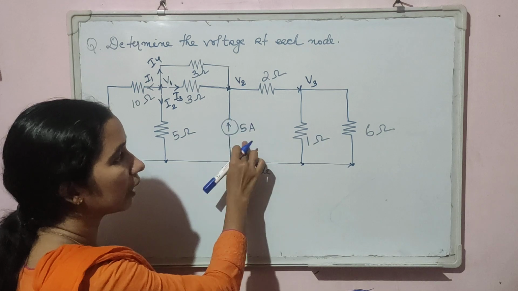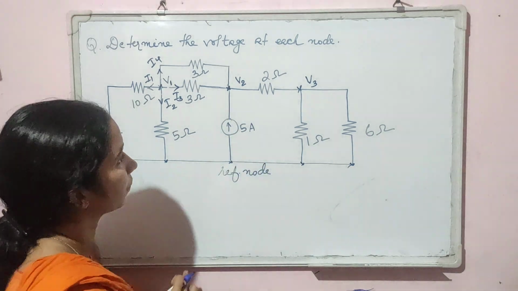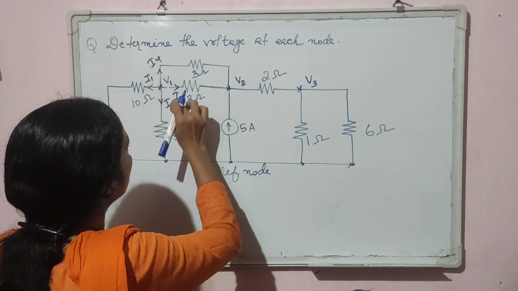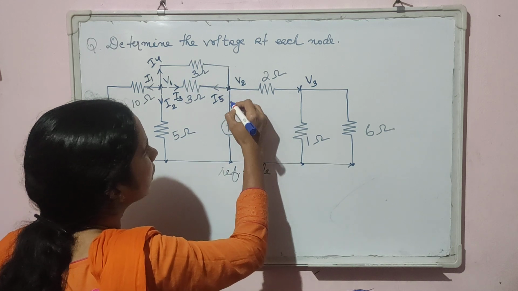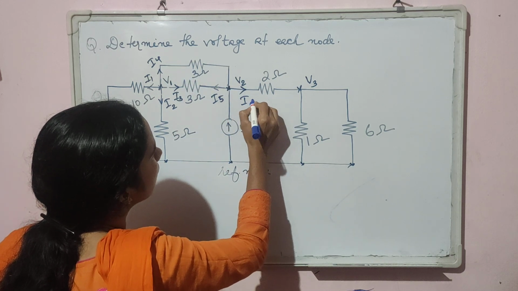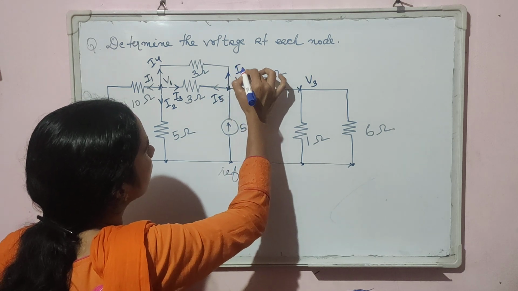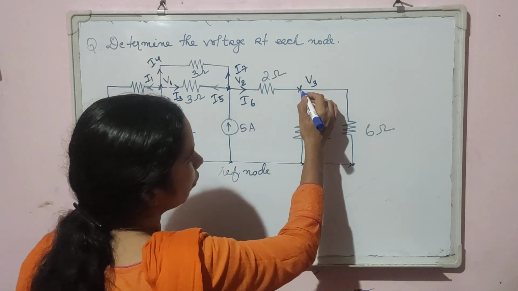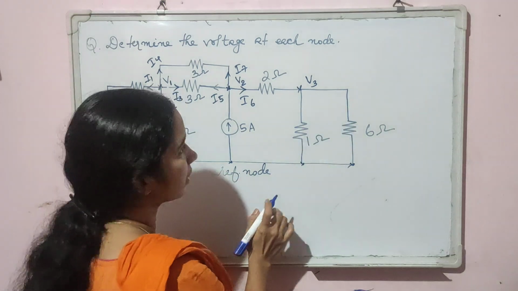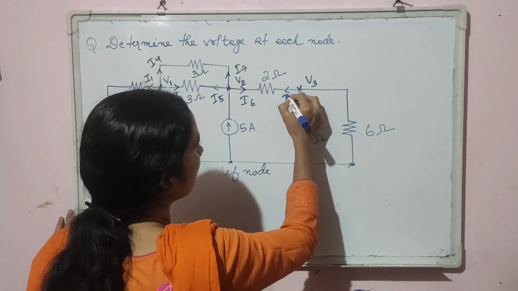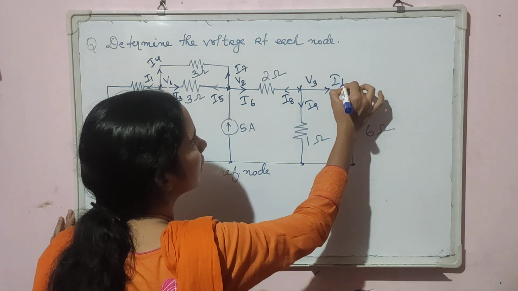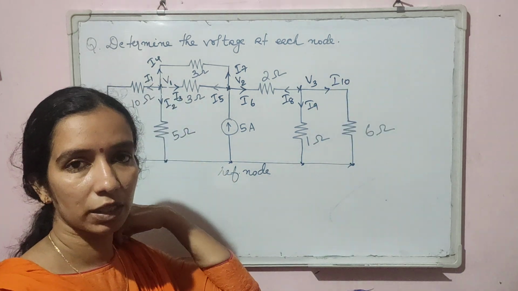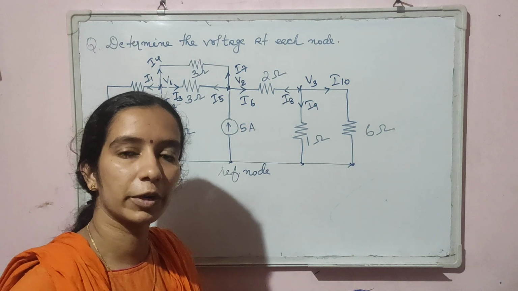So we don't have to mark current in this branch. So I1, I2, I3, I4, then this will be I5, this will be I6, and this is I7. Now for node 3 there are 3 branches. So this will be current I8, this is I9, and this is I10. So we have marked the currents through all the branches.